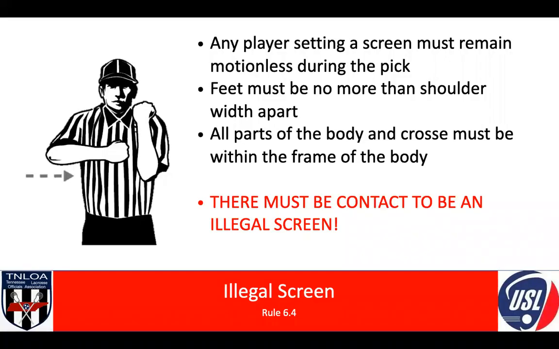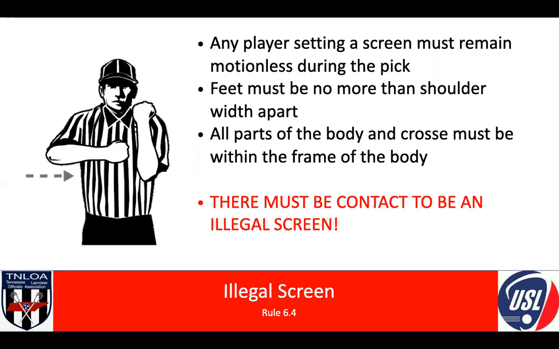Okay, illegal screen. A player setting a screen must remain motionless during a pick. His feet must be no more than shoulder width apart, and all parts of his body and cross must be within the frame of his body. In order to be an illegal screen, there must be contact.